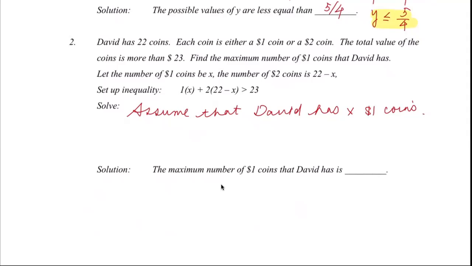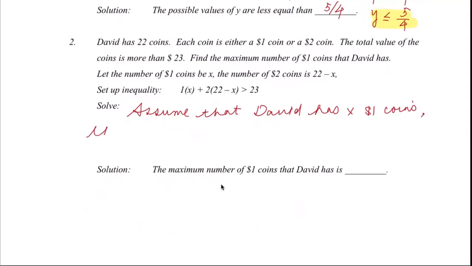We know that he only has 22 coins. Some of them are $1 coins. Some of them are $2 coins. Now that we assume he has X $1 coins, how many $2 coins does he have? It should be 22 minus X.